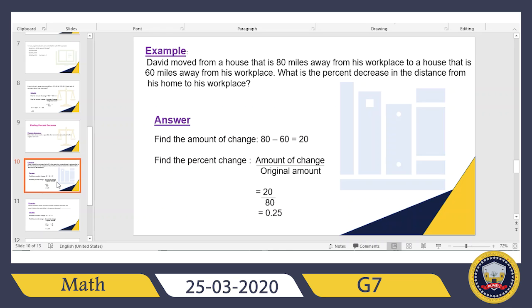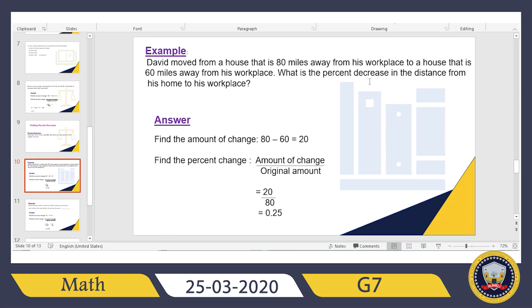واحد اسمه David moved from a house that is 80 miles away from his workplace. يعني he was residing in a place at home which was 80 miles away from his work. But he moved because it was very far to a house that is 60 miles away from his workplace. يعني he becomes شوية closer to his workplace.